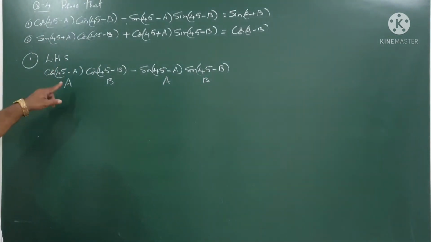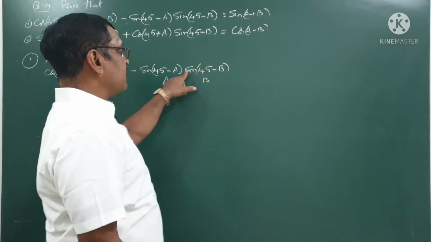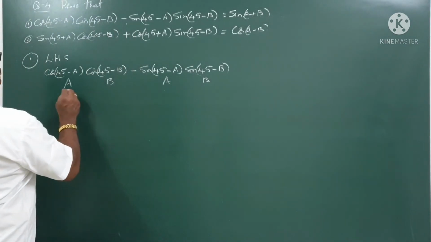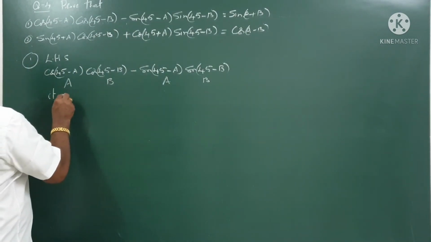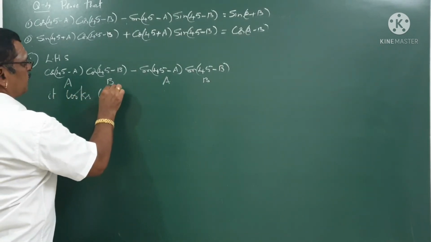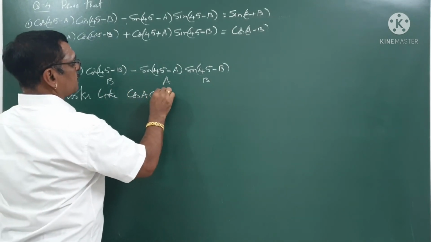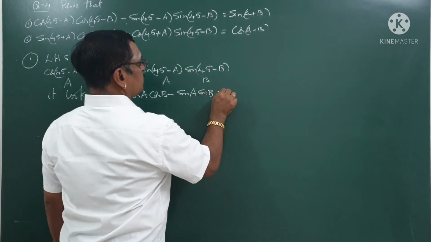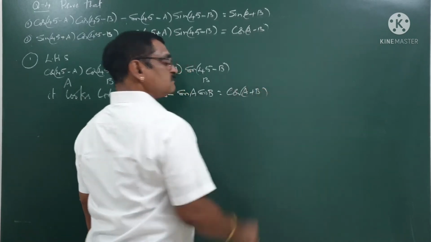Looks like cos a cos b minus sin a sin b, which is an identity. So, I can write it as cos a cos b minus sin a sin b is equal to cos of a plus b.